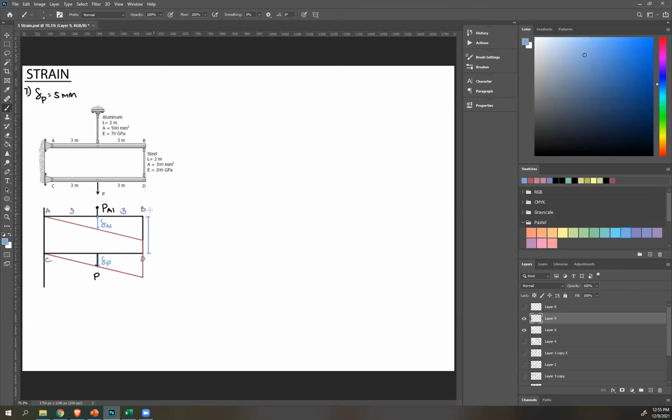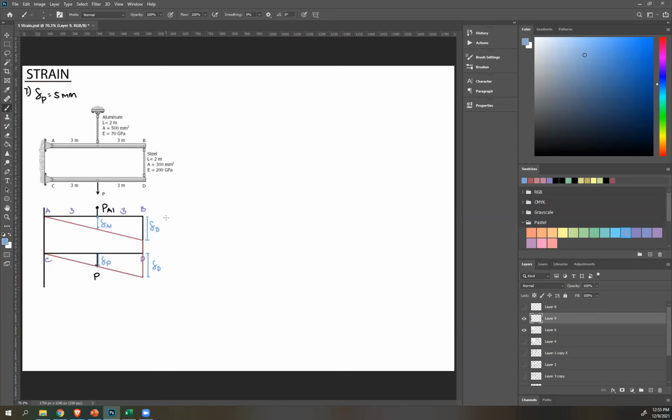This is the original point of your steel for point B, and then it ended up here. That's the displacement of B. Now how does that relate to your steel? Because this object right here is your steel.